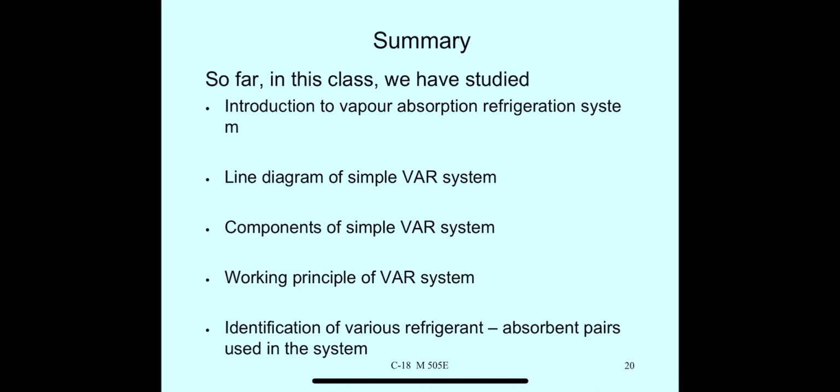In the vapor compression system, if there are any leakages, the compressor will be damaged. There is no such problem in the vapor absorption refrigeration system. The maintenance cost of the vapor compression system is very high, while it is low in the vapor absorption system.